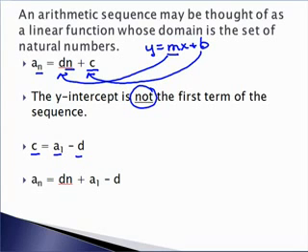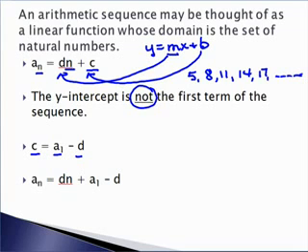Okay, well, let's think of our last example that we had. And we had the sequence 5, 8, 11, 14, 17, and so on. So we were taking a look at this sequence. I'm going to take a look at all of these formulas in relationship to that last sequence.